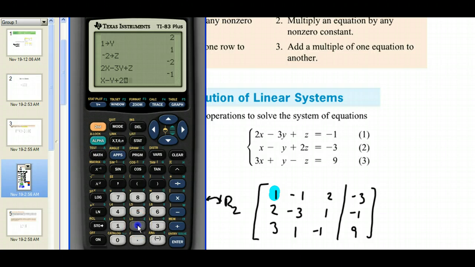So type in each one and you'll see that it works for all of them. Make sure you hit alpha. So we see that the system is satisfied with the values for x, y, and z that we came up with. So that is going to be our solution.